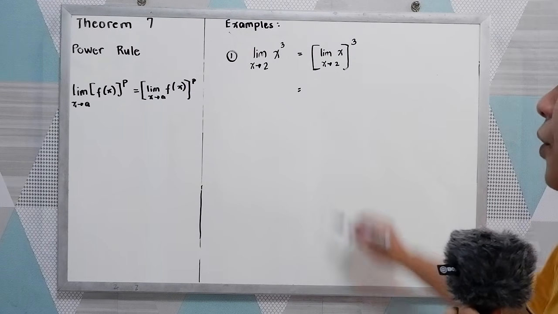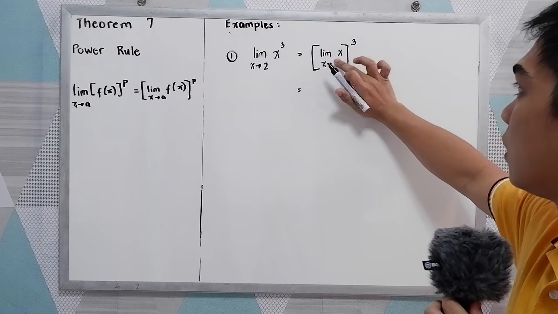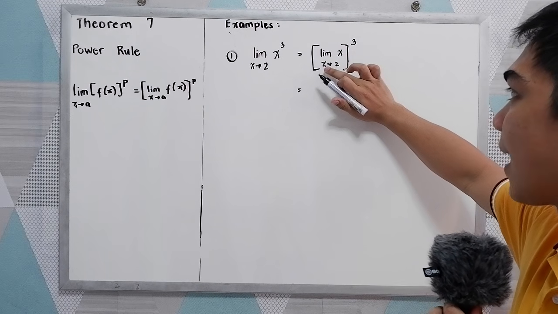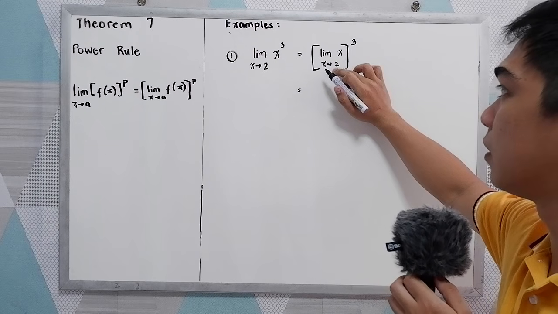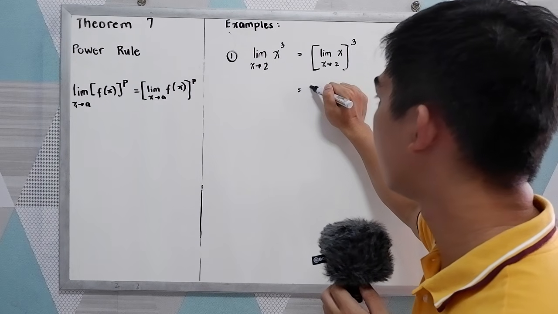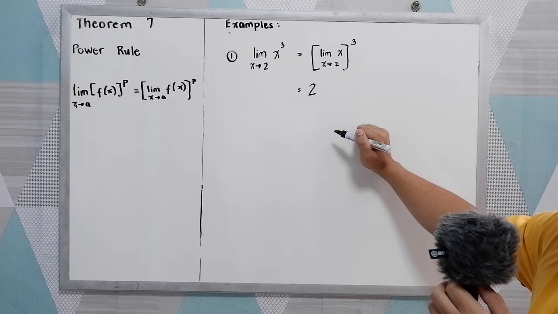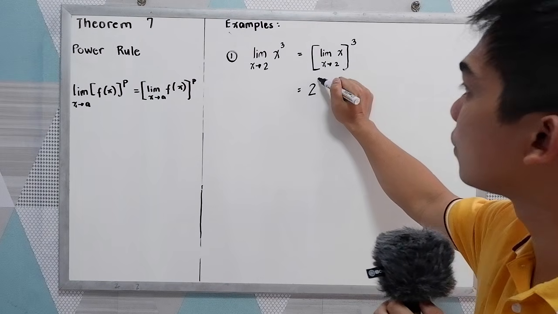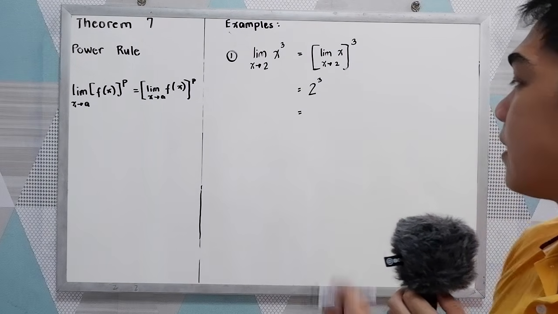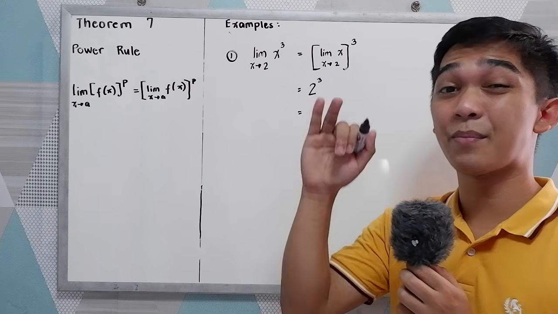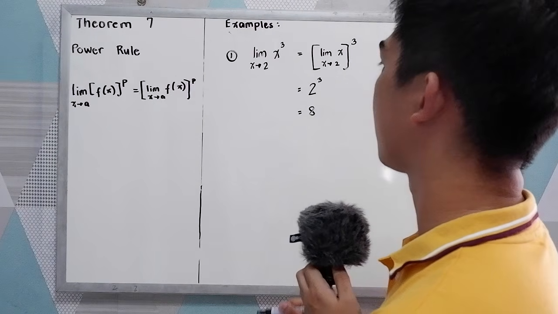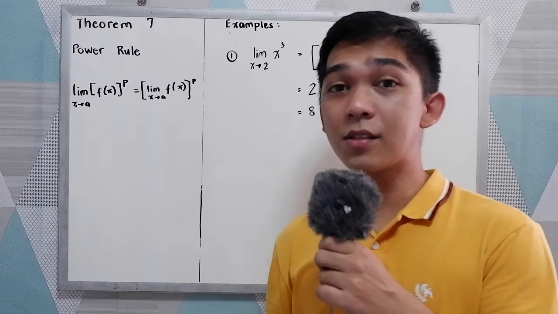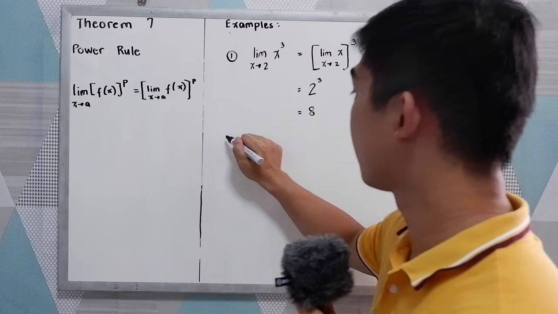Now we have the limit of x as x approaches 2, apply theorem number 2. So this is equal to 2 raised to 3. And that is equal to 2 times 2 times 2, which is equal to 8. Okay. Now let's have our second example.